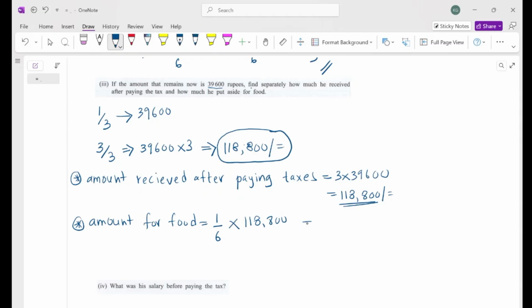Okay, so 1/6 of 118,800 would be 19,800 rupees. Yes, so now we have found the amount he received after paying taxes and the amount he put aside for food.